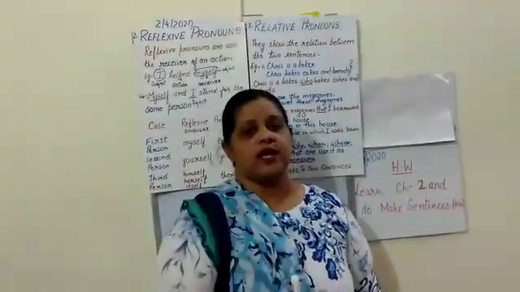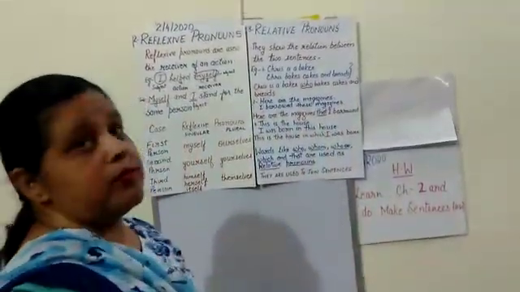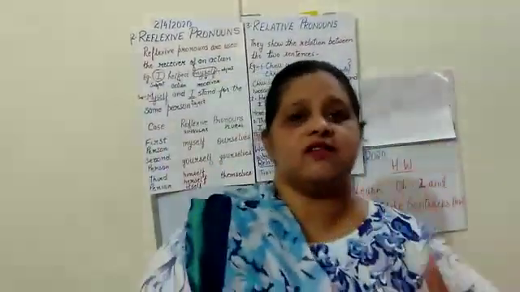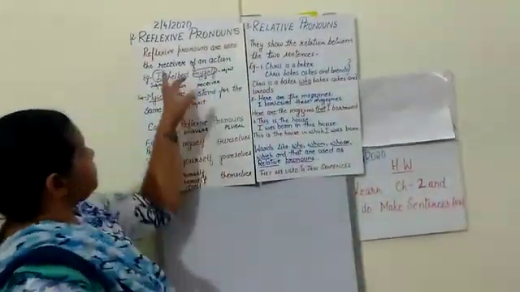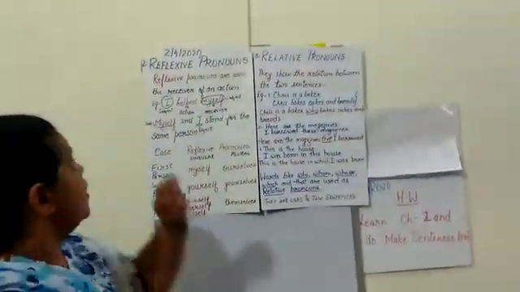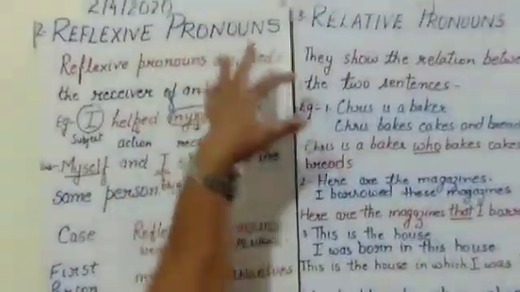Coming to the second part of pronouns, that is in your book, reflexive pronouns. Now what does the word reflexive mean? Reflexive pronouns are used as the receiver of an action, or they stand for the same person.